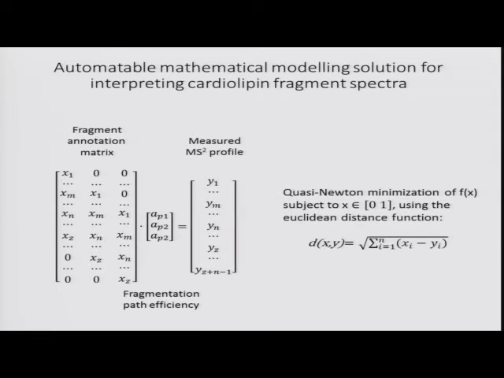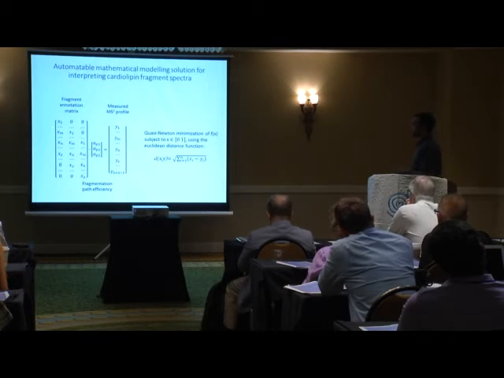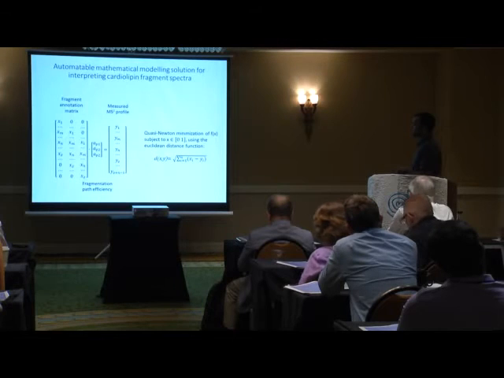In order to automatically analyze this fragment spectra, you have to get this into a mathematical form, and I'm trying not to go too much into the detail. Basically, you have to formulate a function or a set of functions that defines your problem, which I do here by this system of equations.